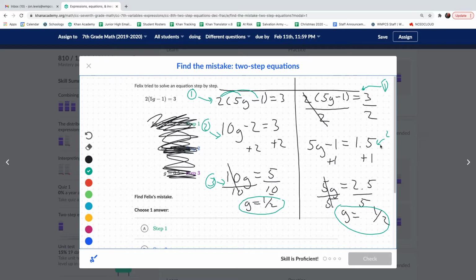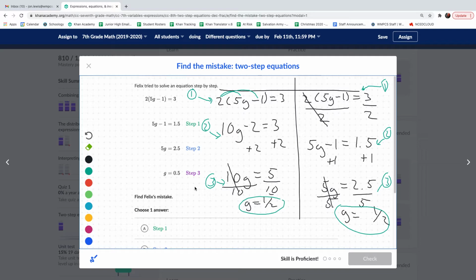And then my last step is getting rid of the coefficient by dividing or multiplying, depending on the scenario. So now that we've done that, let's look at what happened here. Felix was solving an equation, and we wanted to know what step he messed up.